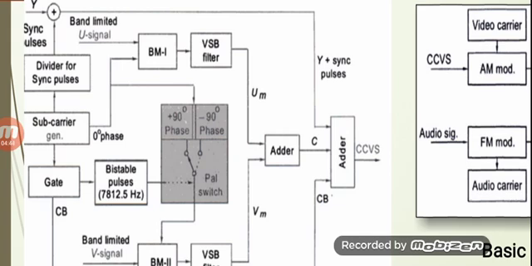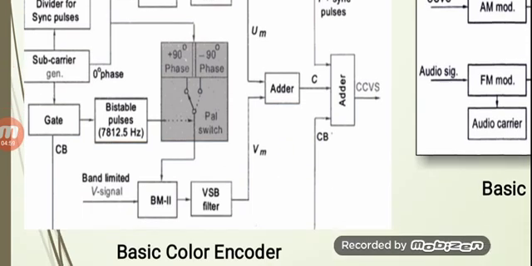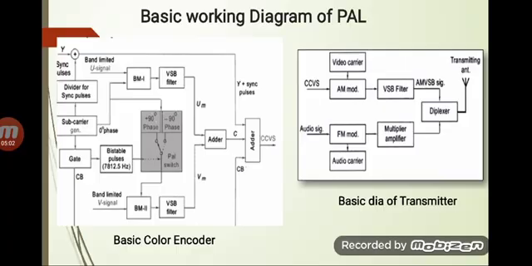So this way what has been done here is, in PAL system, one line will be modulated with plus 90 degree and the next line will be modulated with minus 90 degree. Remember, we are going to do this only for signal V.